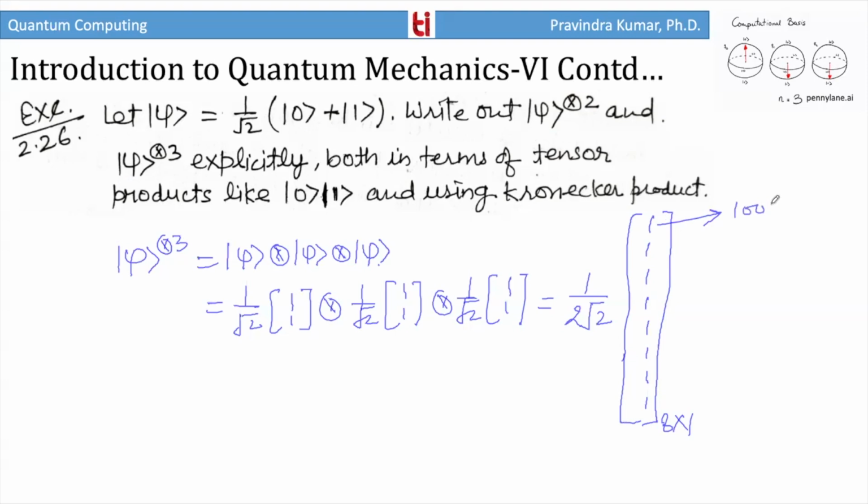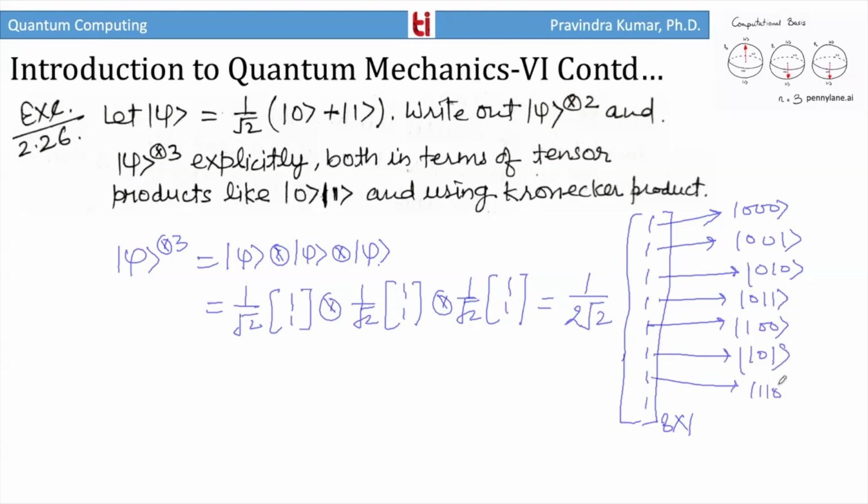It is 0 0 0, it is a 3-qubit system basically. 0 0 1, 0 1 0, 0 1 1, 1 0 0, 1 0 1, 1 1 0, and this one is 1 1 1. Or I can write it as ket 0, ket 1, ket 2, ket 3, ket 4, ket 5, ket 6, and ket 7.